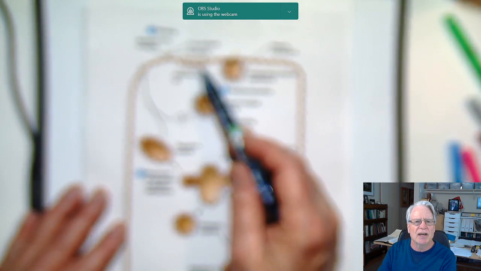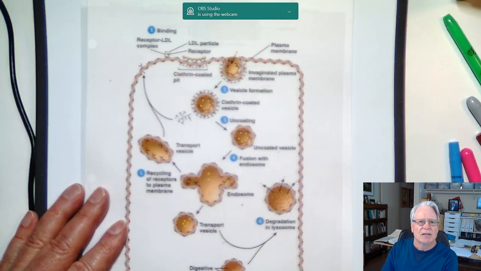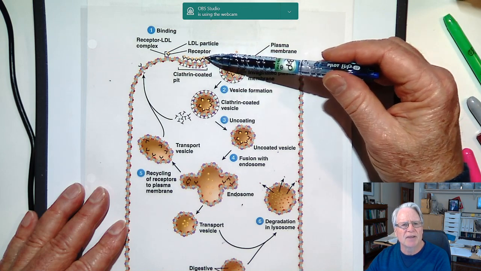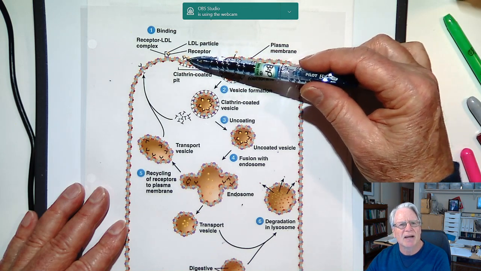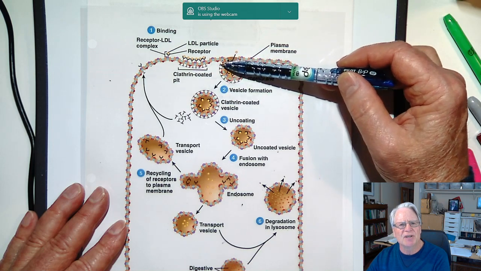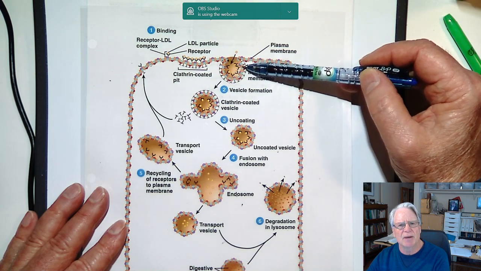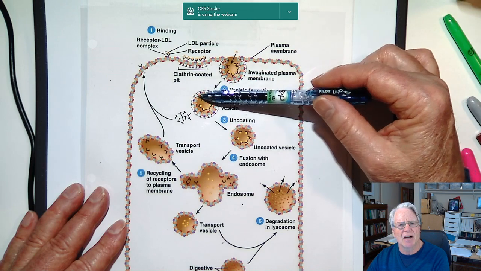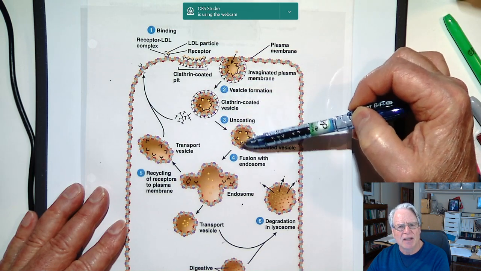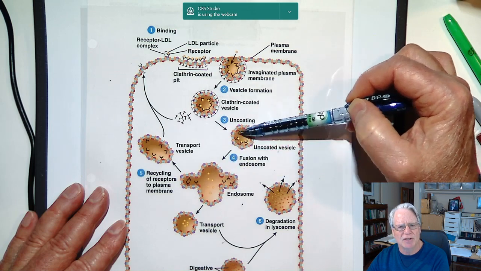The way we're going to do that is we're going to have them, in this case, bound to a protein on the cell membrane. And then we're going to form a sac. We're going to invaginate the membrane. We're going to pinch that off, and we're going to bring that into the cell and do whatever it is that we want to do with that.